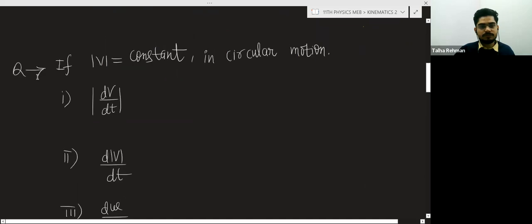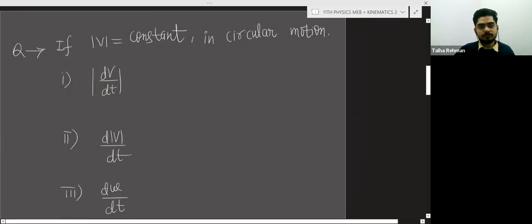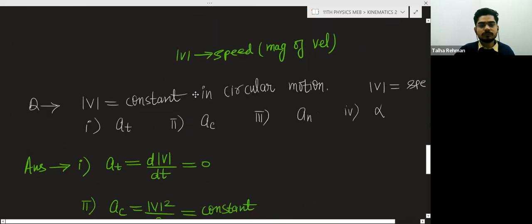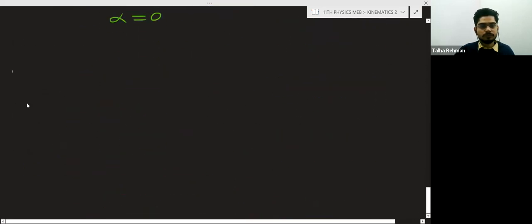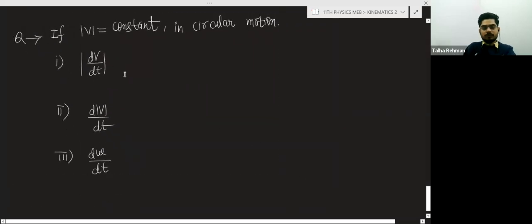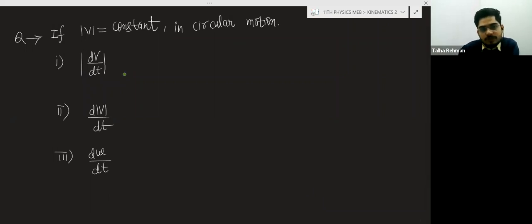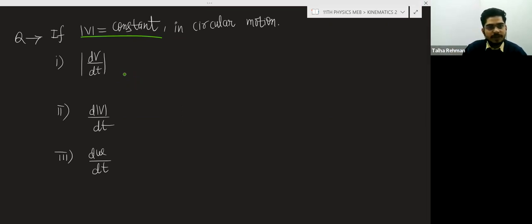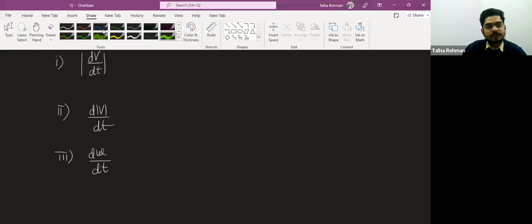Okay, next question. What they are asking: if the speed is constant in a circular motion, this is dv by dt. This dv by dt means total change in velocity.